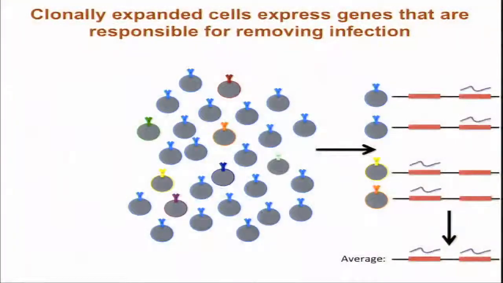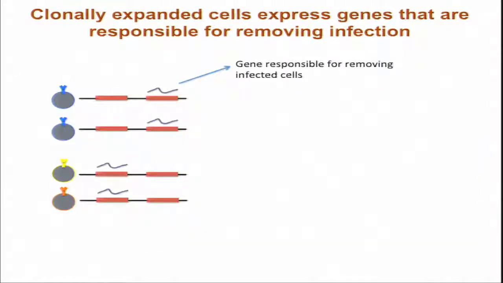To summarize this point, I mentioned we did the single-cell RNA sequencing. We were wondering whether these clonally expanded T cells have a different expression pattern from these unique T cells. And indeed, we find that is the case.